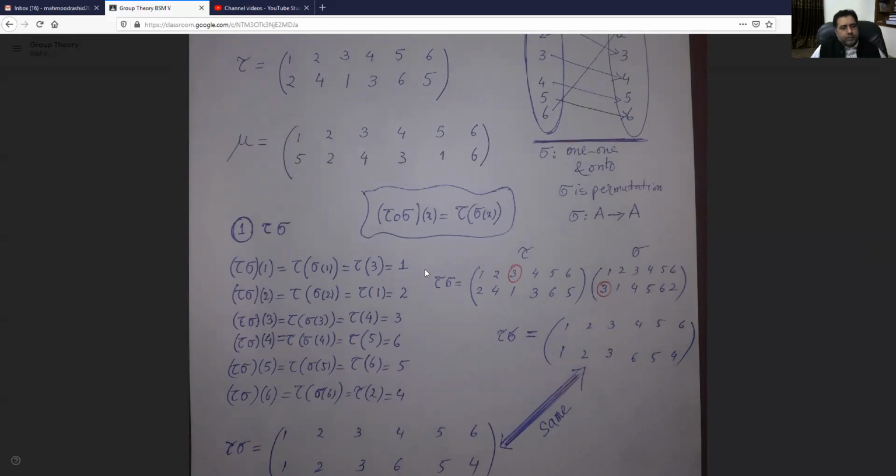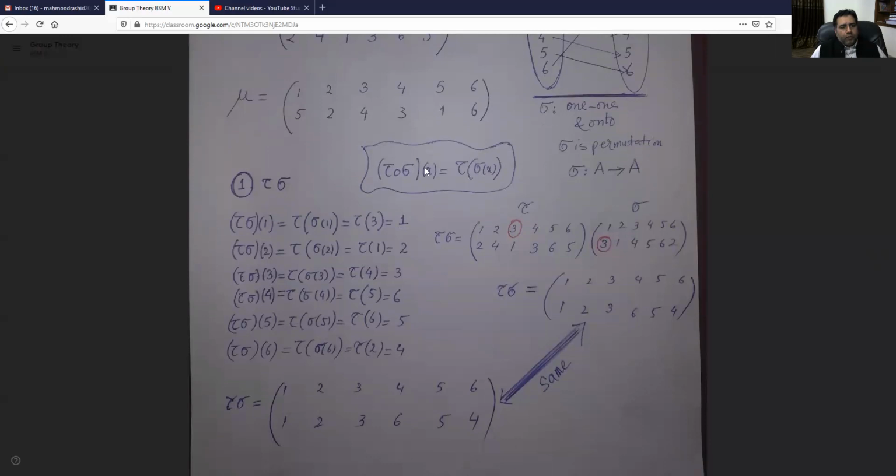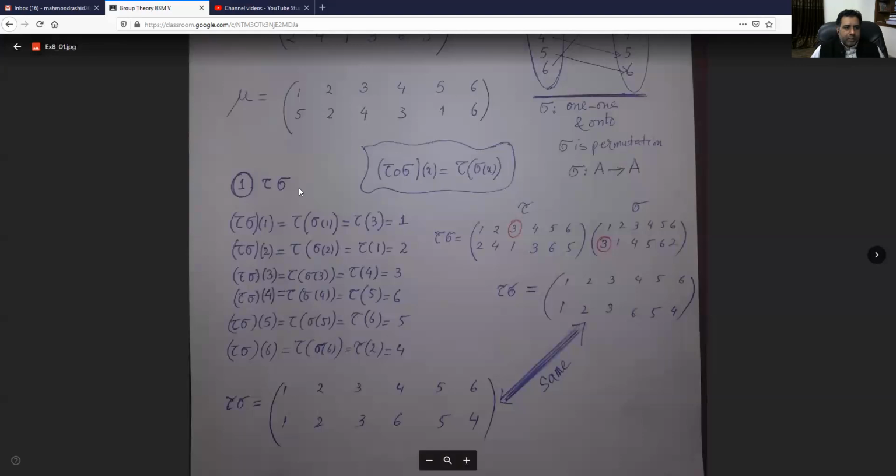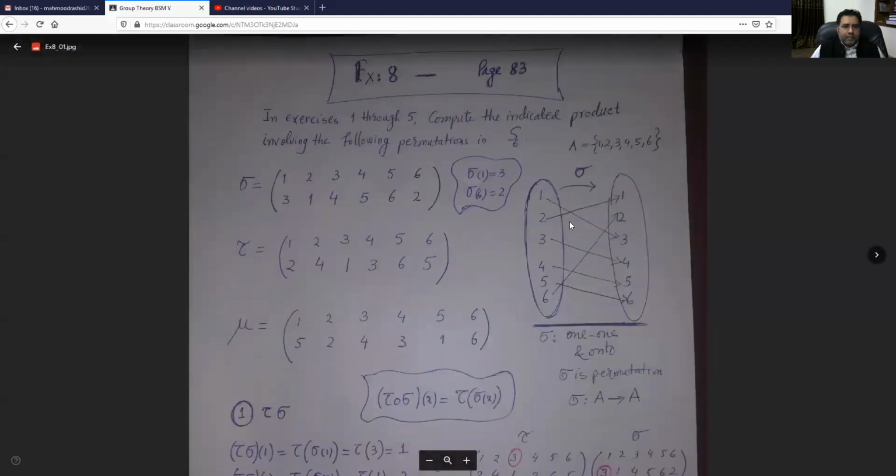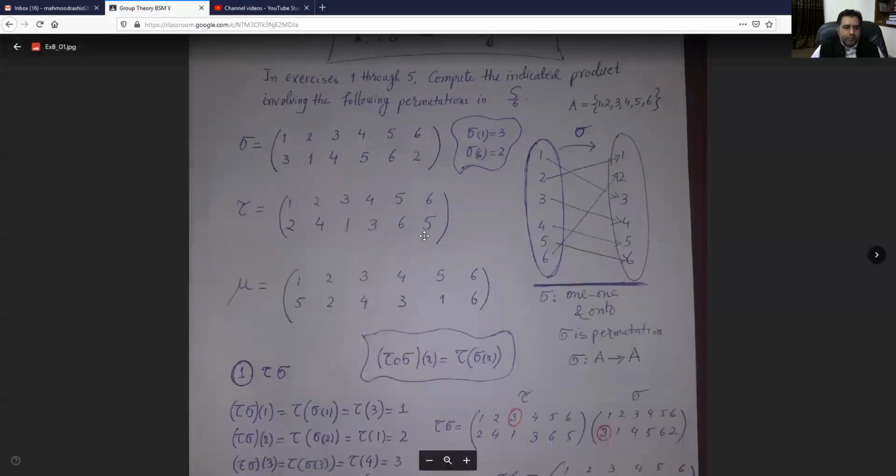In the last class, I gave you the direct way to multiply, which is written over here on the right hand side of this slide. But actually, if you want to see the details, they are given on the left hand side. So what is happening under this composition is explained by applying on each and every element of the set A. So we could have 6 inputs because the set A contains 6 elements.